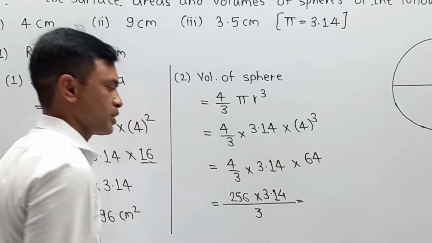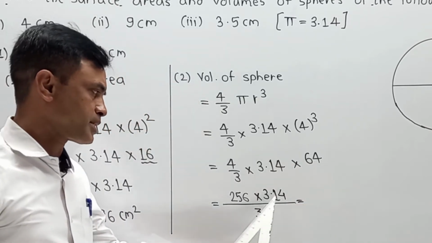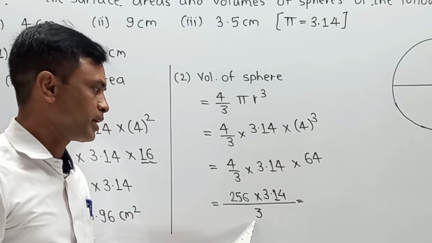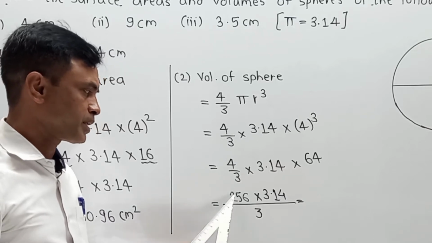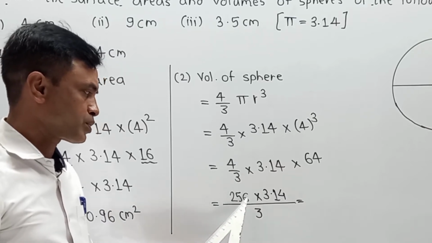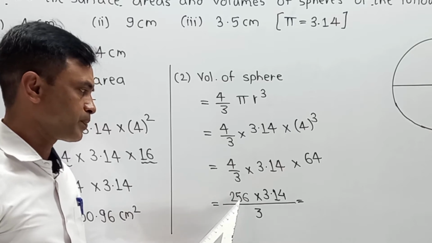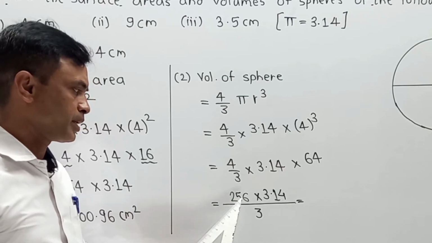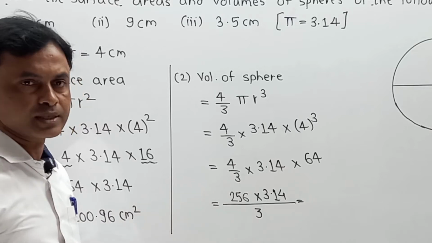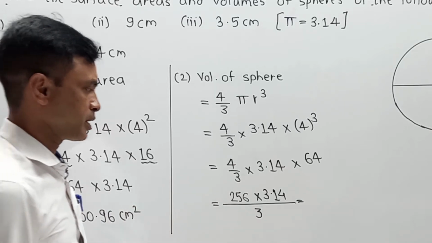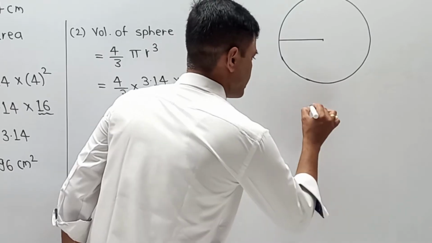Now the needful calculation that I am going to start over here, 256 into 3.14, and then I am going to divide it by 3. First cross check whether 3 can divide this number or not. So 6 plus 2 is 8, 8 plus 5 is 13, which cannot be divisible, means 3 cannot divide this number. So simplification of the next part, 256 into 3.14.